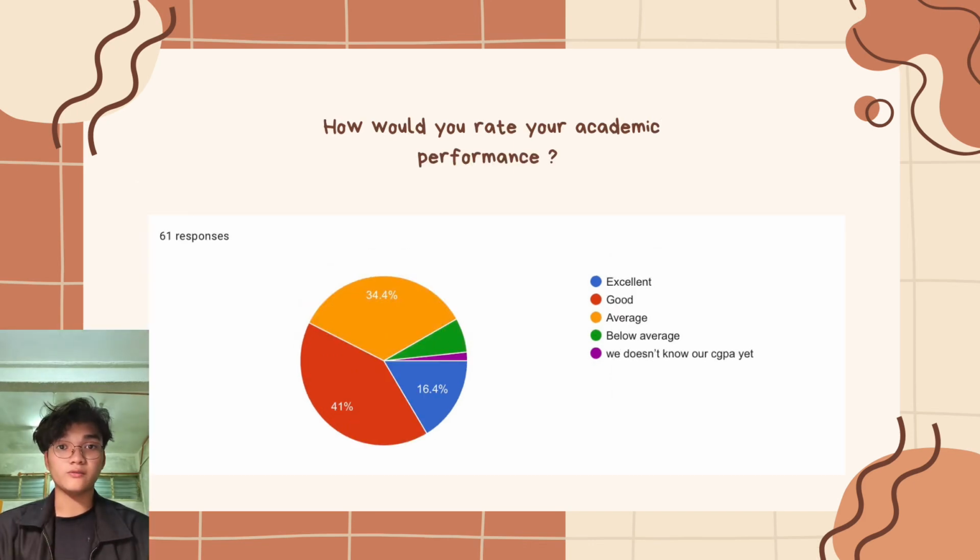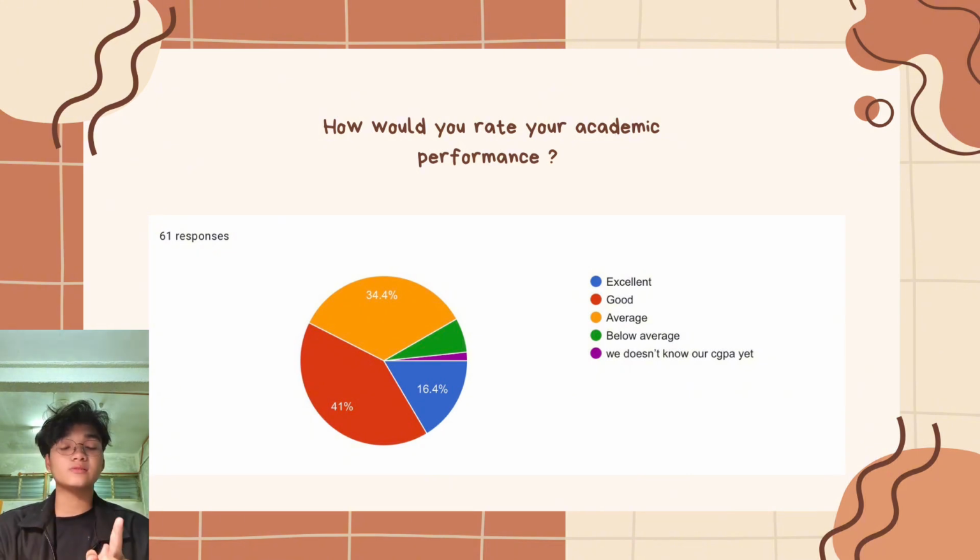Okay, so for the next part, we will show you the collected data for academic performance for all of the students. As you can see, based on this pie chart, 41% of the students rated their academic performance as good, which is the highest. So I think some of the students are not affected by playing games.